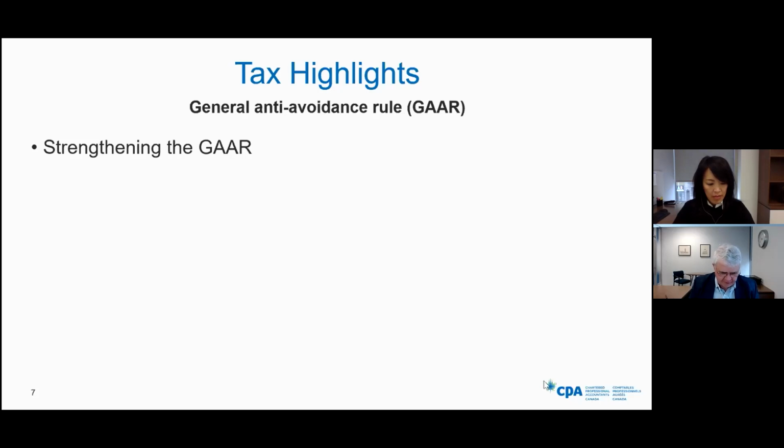The second component could be fairly significant. We'll have to see how it shakes out over time if it is part of the final GAR proposals that are released after the consultation. They're going to change the wording of avoidance transaction from primary purpose to one of the main purposes.